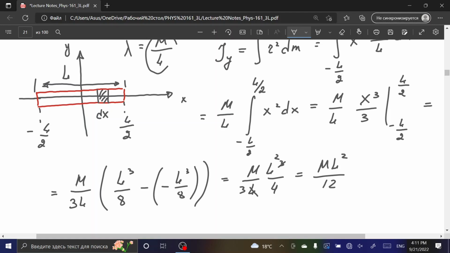So that could be done also for some cylinder, some disc, whatever shape you want. If you manage to align your axis of rotation in a way that there will be some symmetry, it is always quite easy to calculate. However, that's not always the case.